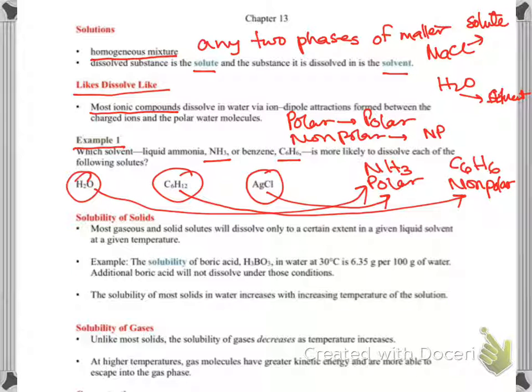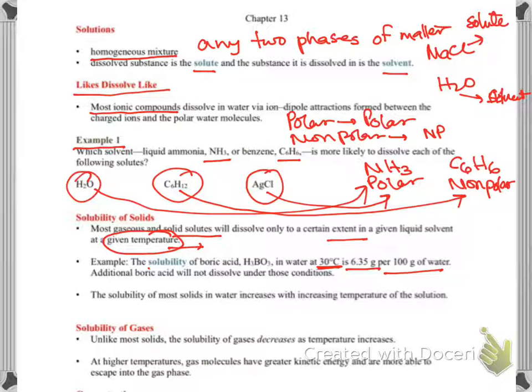Now, solubility of solids. Most gaseous and solid solutes dissolve to an extent in a given liquid at a given temperature. This tells us that temperature has an effect on solubility. For example, the solubility of boric acid at 30 degrees Celsius is 6.35 grams per 100 grams of water.